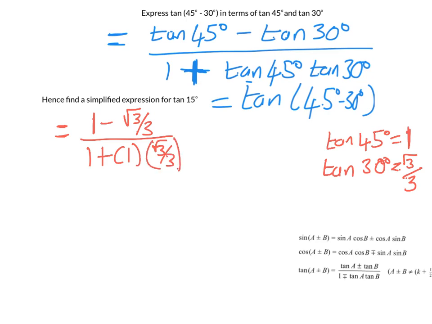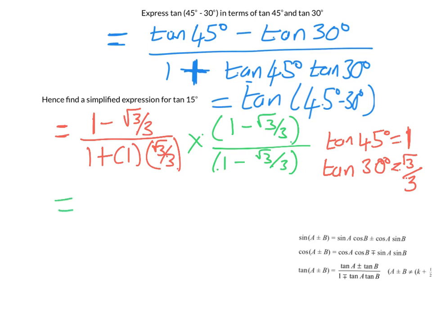Well, we can simplify this. We obviously want to get rid of the surd at the bottom. We want to rationalise our denominator. So what I want to do here is multiply that by 1 minus root 3 over 3 over 1 minus root 3 over 3. Well, what do I get at the top?